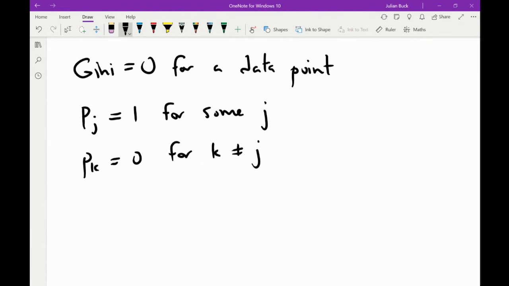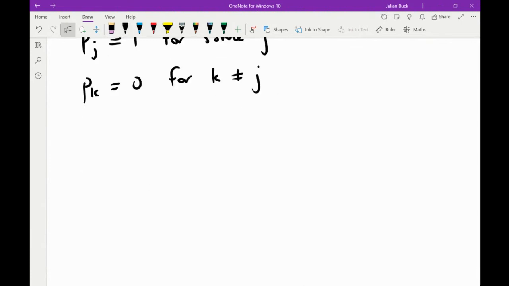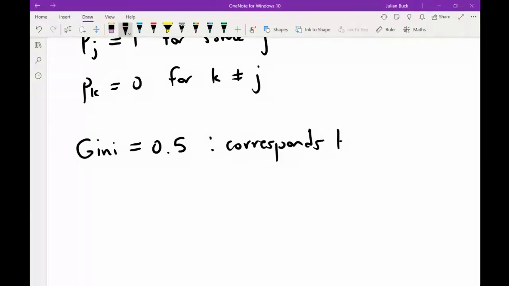Okay. I'm almost out of time, but let me just finish with one more example. On the other flip side of things, if the Gini index comes out to 0.5, this corresponds, as it turns out, to equal probability predictions across all classes.